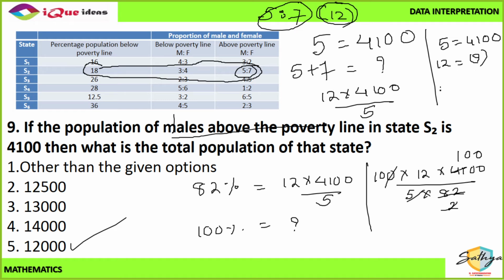So, cross multiplication, 12 into 4,100 divided by 5. Unitary method. Correct? Right. I hope everybody also got this one. Did everybody understand this one? Right. Next. So this is obviously E.